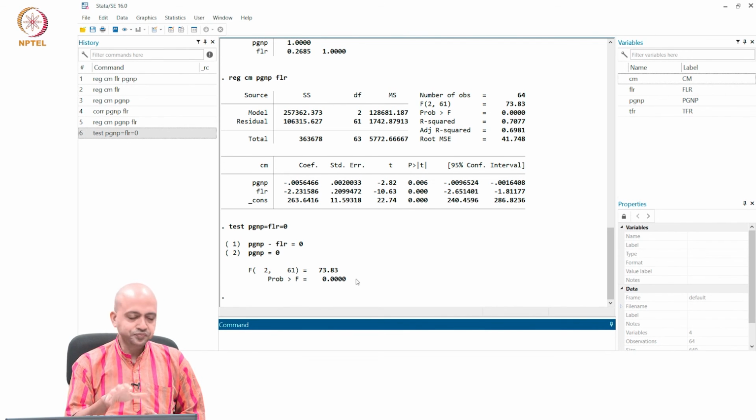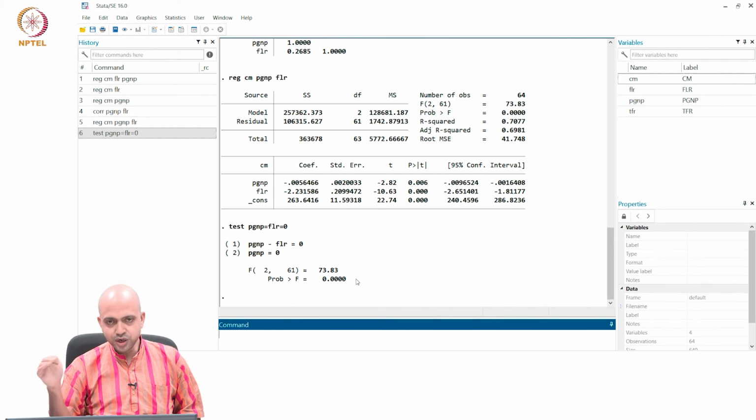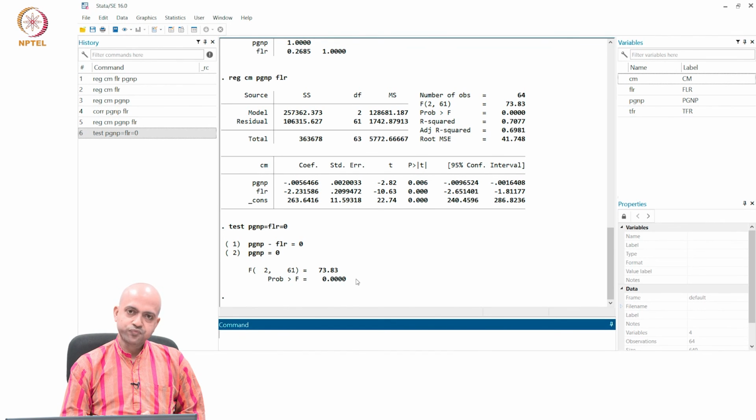That is how we need to understand this F statistic very clearly, which is basically a ratio of the two MS, defined by ESS by its degrees of freedom, divided by RSS by its degrees of freedom, giving the overall significance of the model.